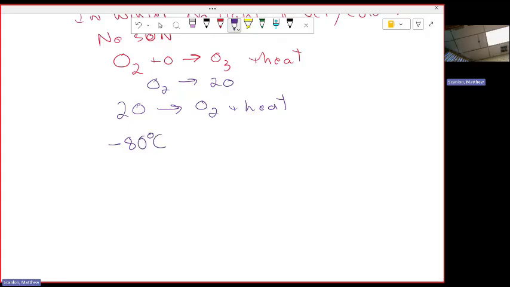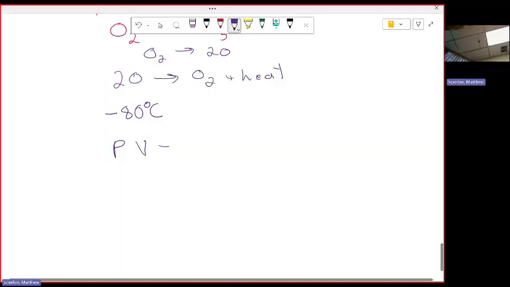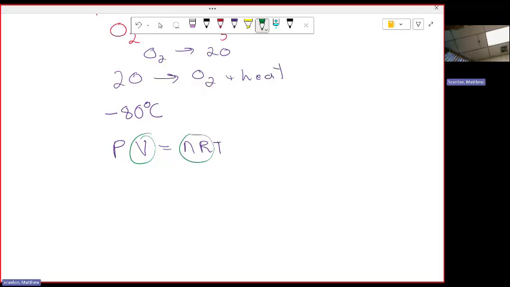Then there's another thing that happens, PV equals nRT. If the volume, the moles, and R are all constant, then you know that if the temperature decreases, then the pressure has to decrease. This, along with the Earth's rotation, causes a polar vortex.